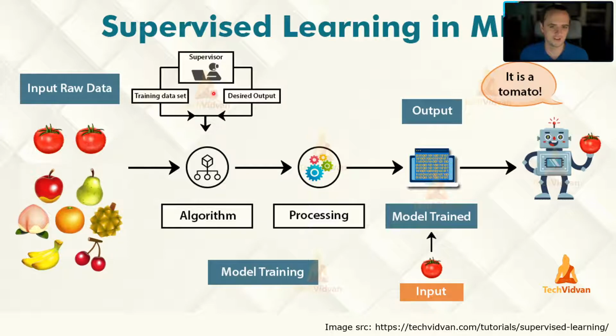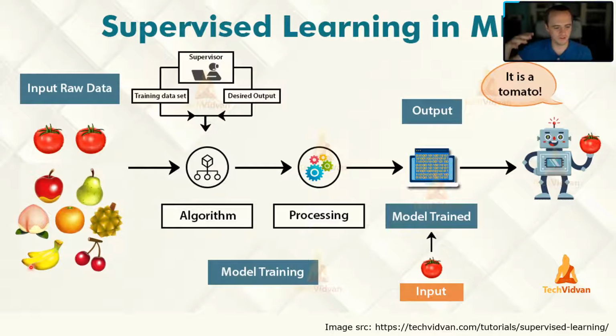The reason it's called supervised learning is because it has to have some sort of supervisor, right? So for example, the supervisor in this case, maybe it was a human, would look at all the images and assign them a label. For example, this is a tomato, this is an apple, this is an orange, this is a banana.